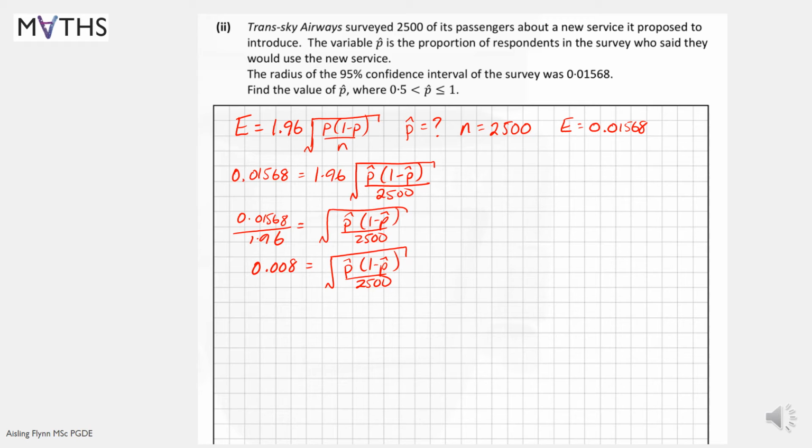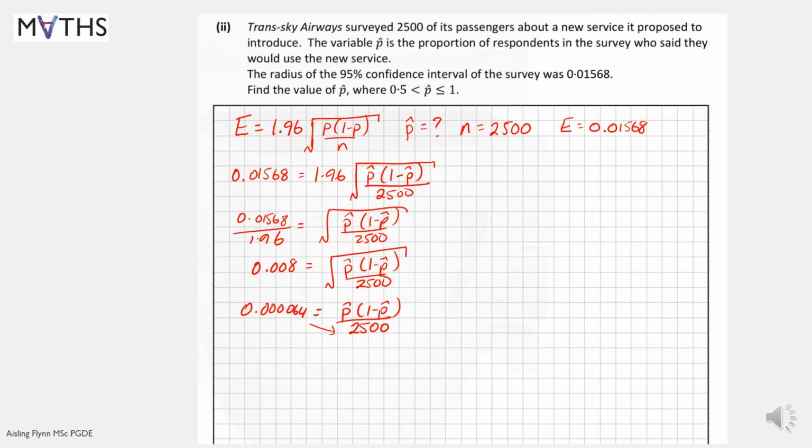Now to deal with the square root and get access to P-hat, we are going to square both sides. If you square 0.008, you get 0.000064. Count your zeros, don't drop one by accident. Over 2,500.